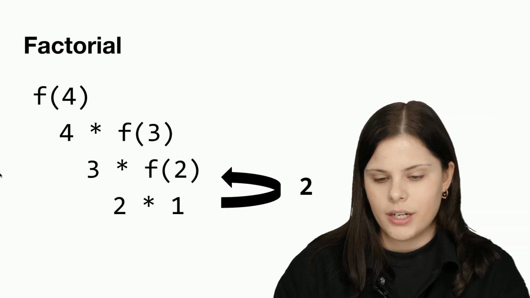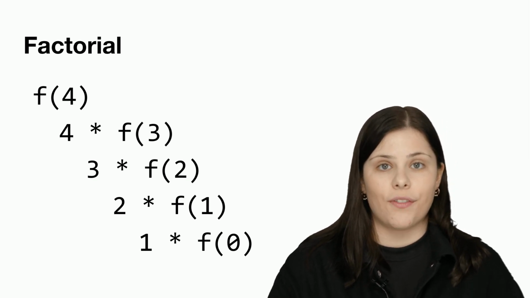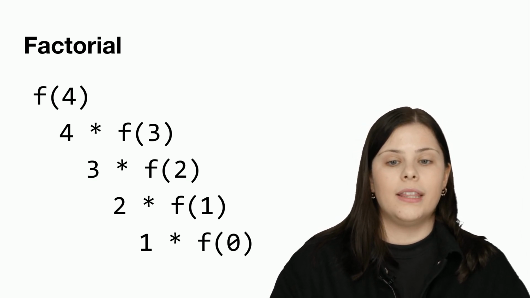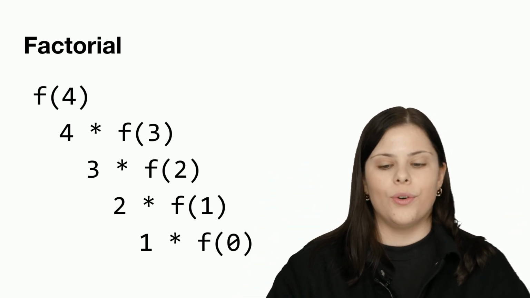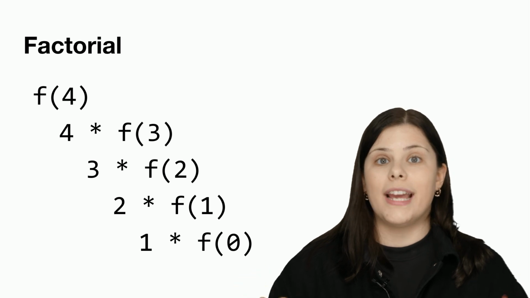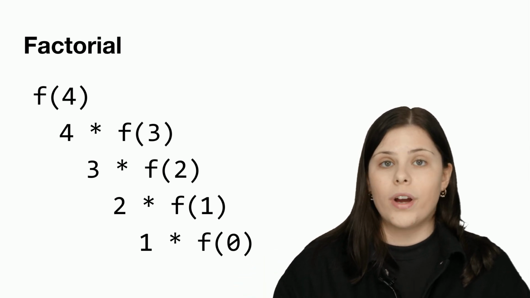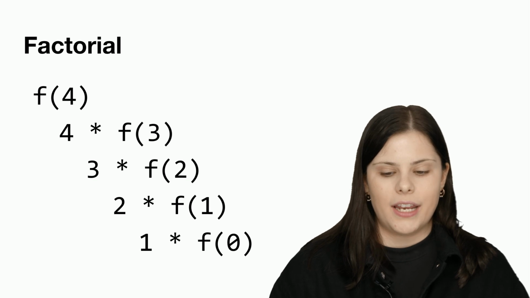Let's go back to the slides for just a second. My base case here is 0. I subtract by 1 every time: 4, 3, 2, 1, 0. By the time I hit 0, I want to stop. That's my base case. I just want to return because I cannot call the factorial function anymore.